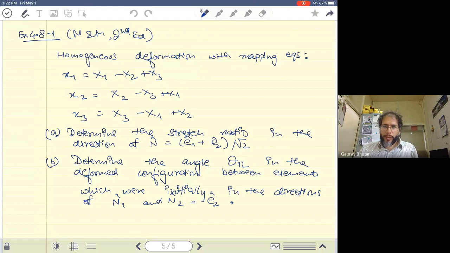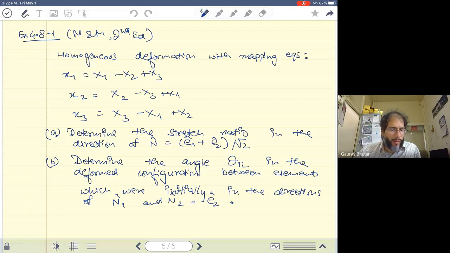All right, so theta 1, 2 in this case is the angle between elements which were initially in the directions of n1 hat and n2 hat, where n1 hat is what's given in part A and n2 hat is E2. So remember that we have not assumed them to be perpendicular to start with. They are actually at an angle of 45 degrees to each other, as you can see. Okay, so let's solve this problem.